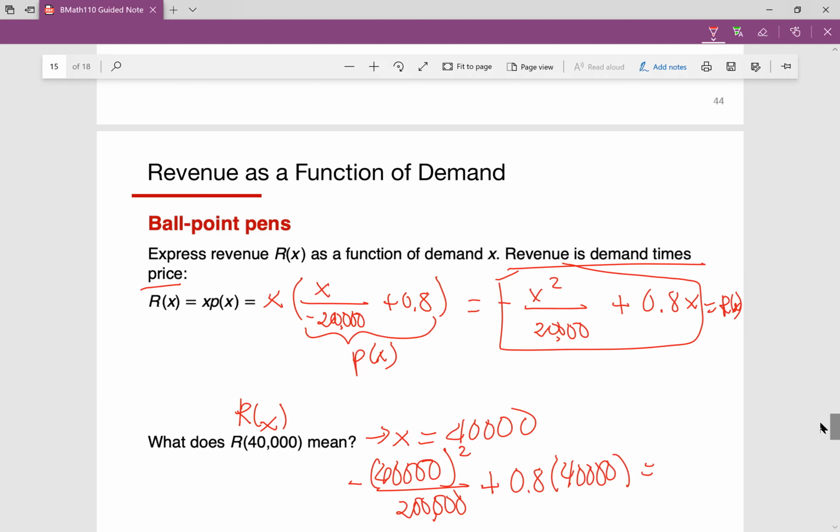Use a calculator to answer this. You will have 24,000. 24,000 is the answer.